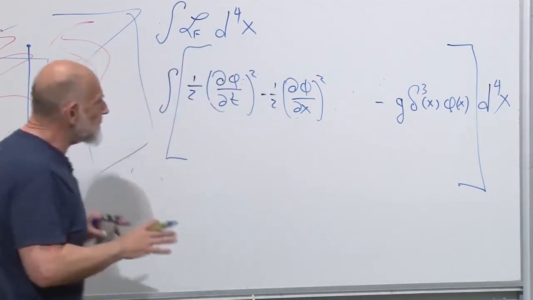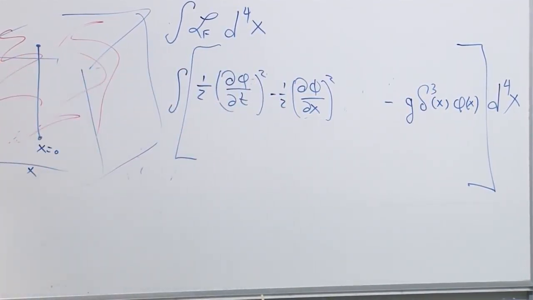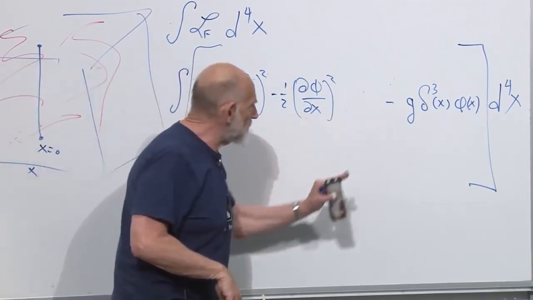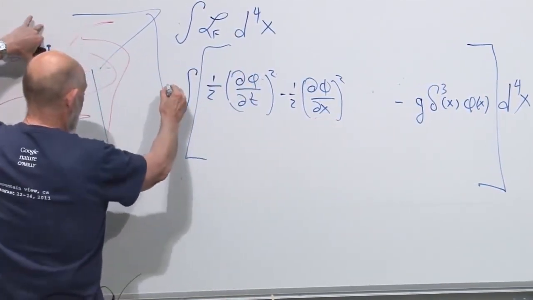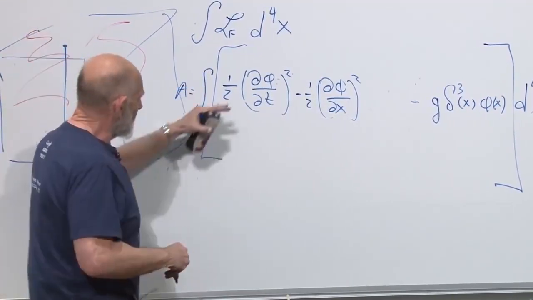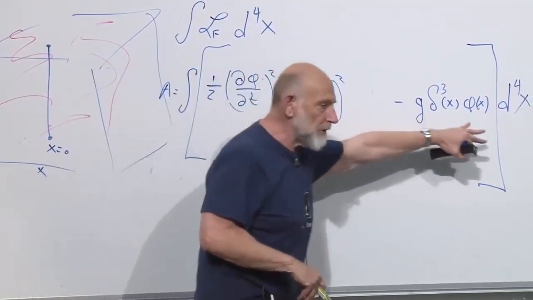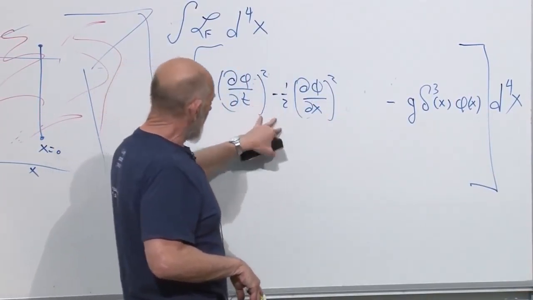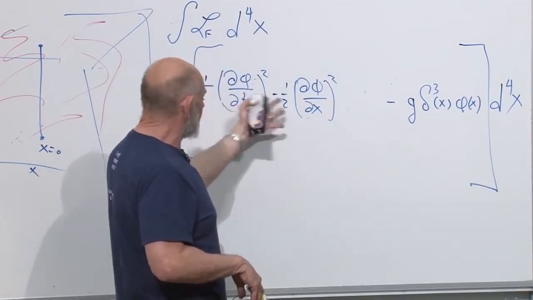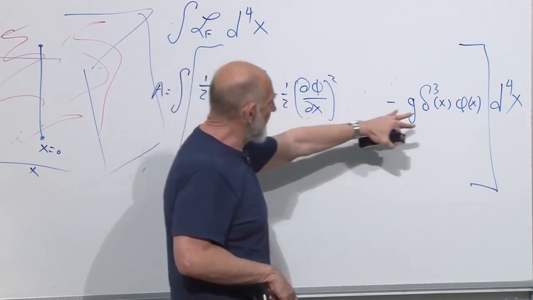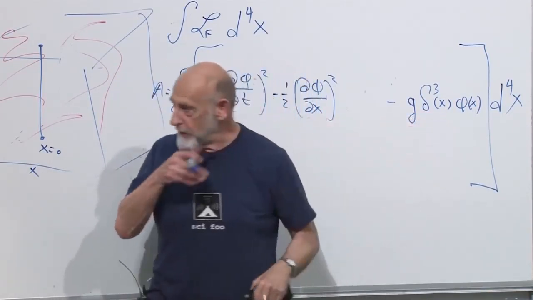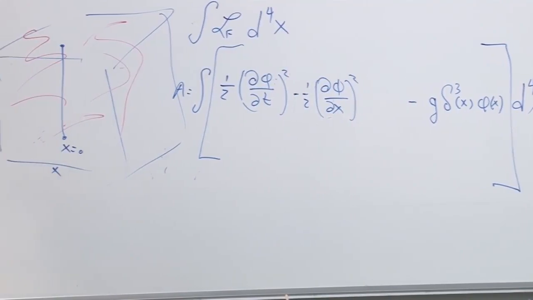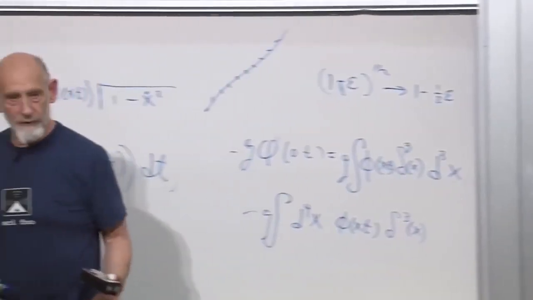And this thing inside the big square bracket is the Lagrangian. This is the action. The action is now an integral over space and time, like any good field Lagrangian. It has the good old field action, and this term over here represents the effect of the particle back on the field.